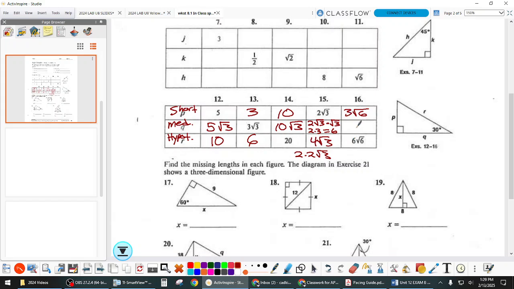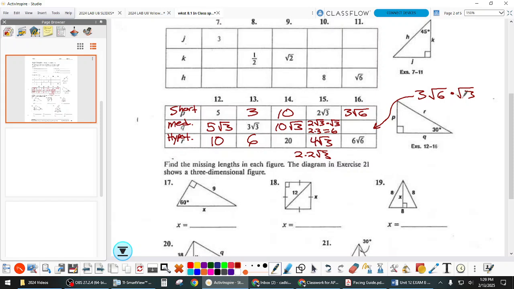Okay, now how do we go short to medium? Times root 3. Okay, this is going to involve a little bit. Let me write that out. Actually, the other way. So we're doing 3 root 6 times root 3. Everybody good? Why we're doing that? Short to medium is times root 3.